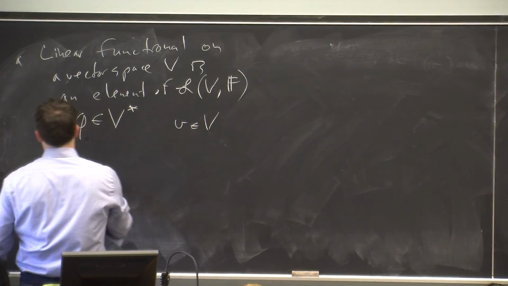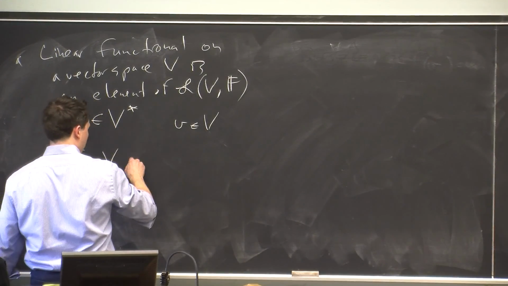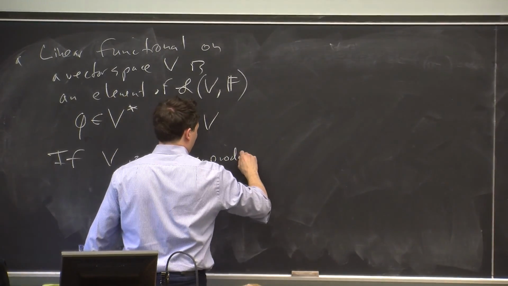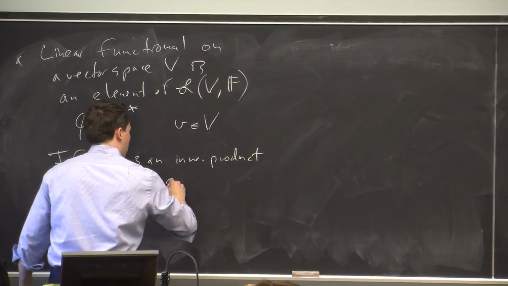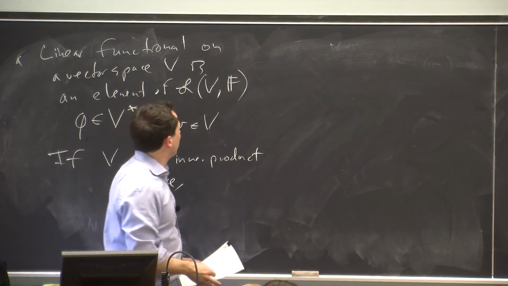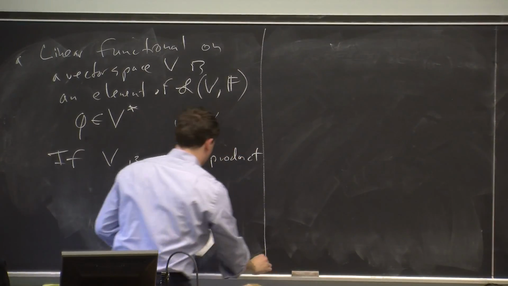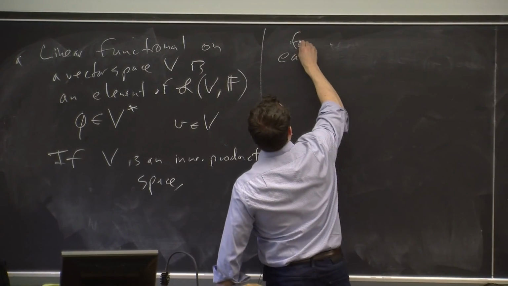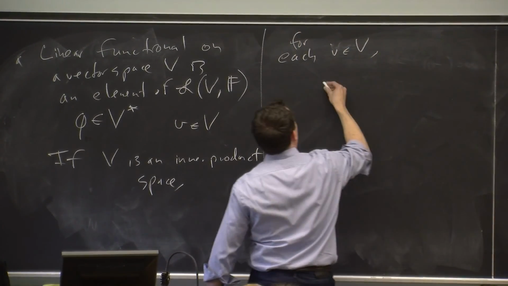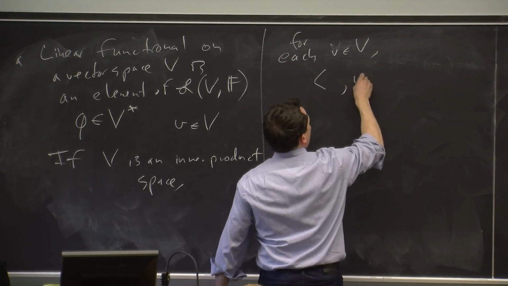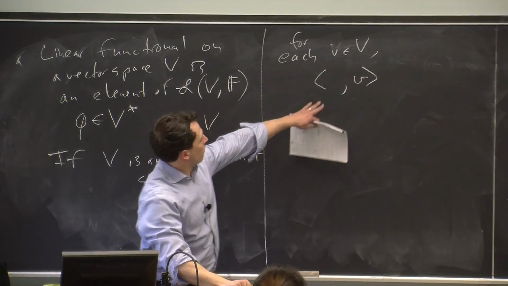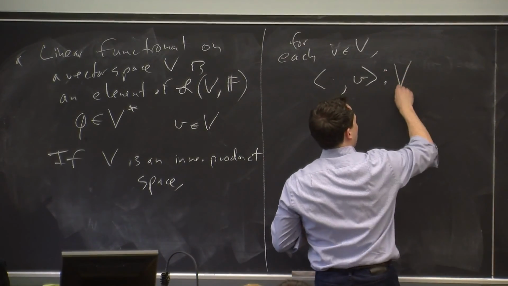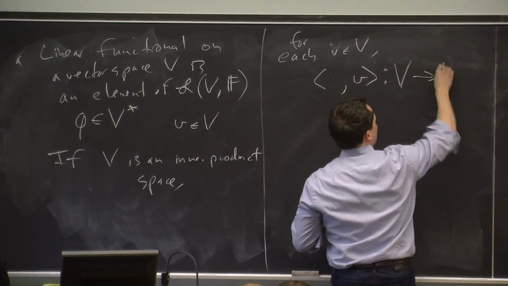Now, in the presence of an inner product, we have a very nice way to define a whole collection of linear functionals. The map inner product with v, this is blank, plug whatever in there, which I could think of as a map that takes an element of the vector space and spits out an element of the field.